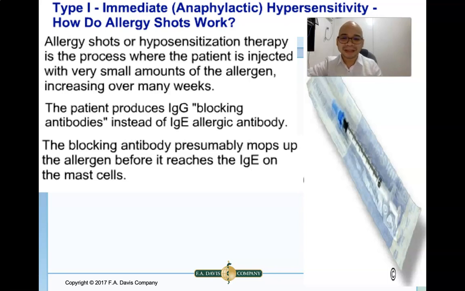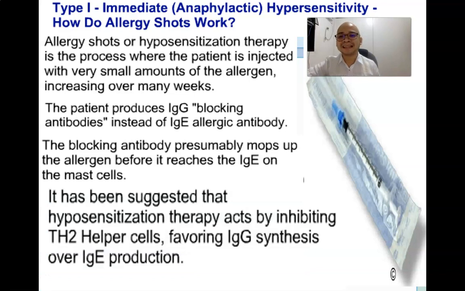So what will happen? It has been suggested that hyposensitization therapy acts by inhibiting Th2, favoring IgG over IgE production. As we discussed a while ago, Th2 will go to B cells, so that B cells will produce IgE.